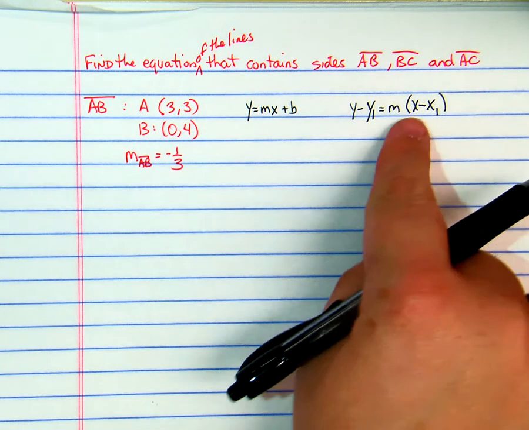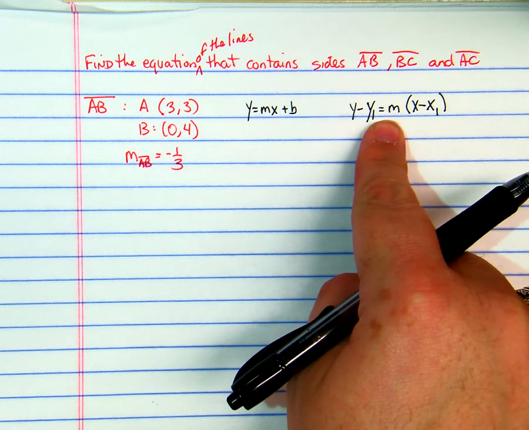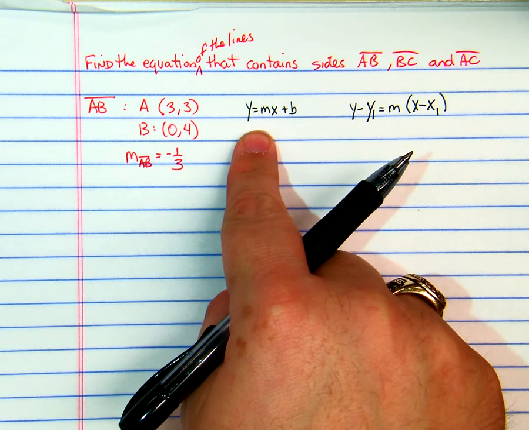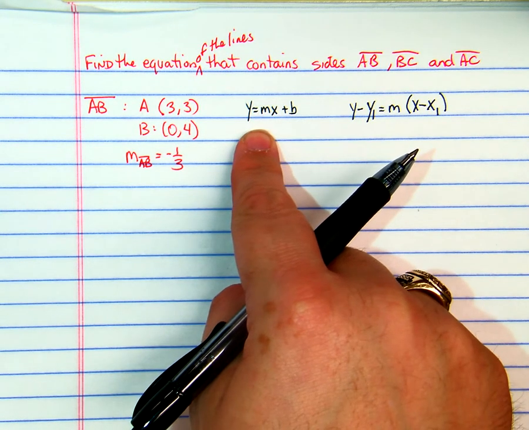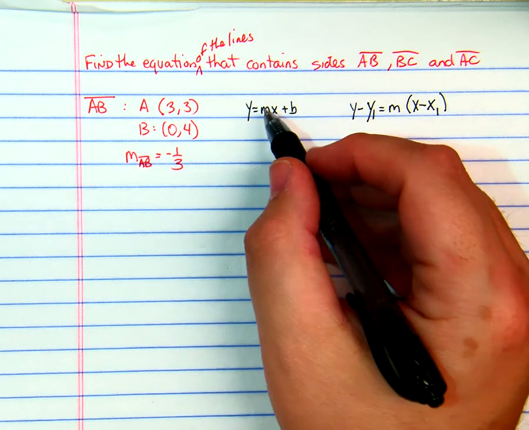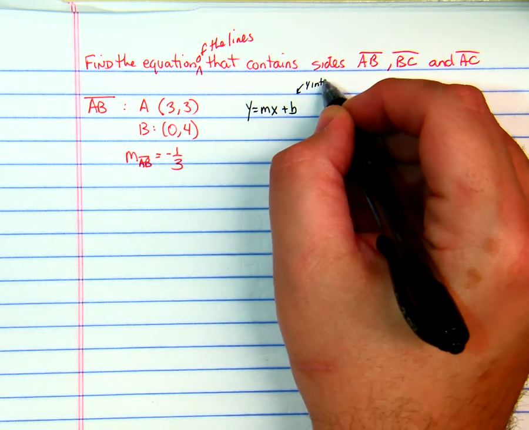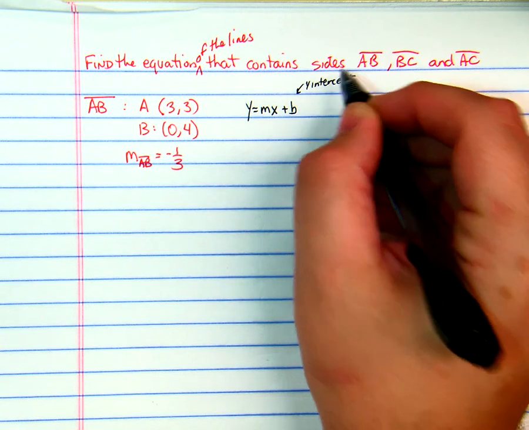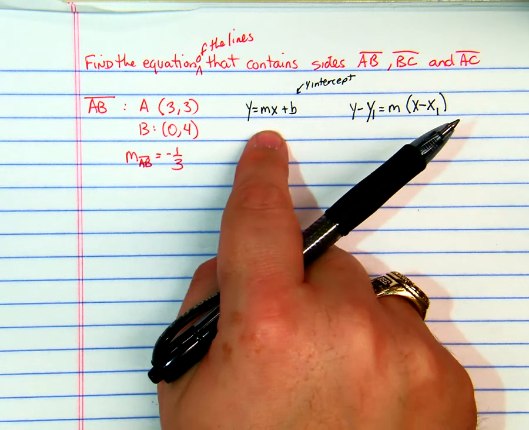You basically, this comes from the slope formula itself. This is just where you know the slope and the y-intercept. So this is the y-intercept. Now, the problem with this guy is you don't know b.